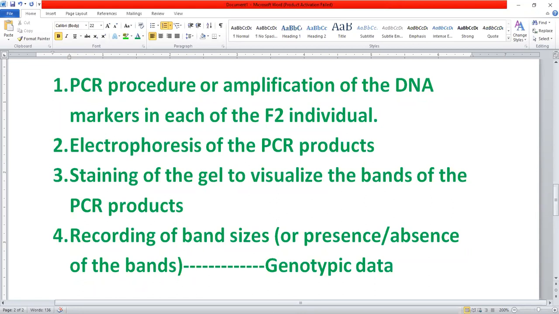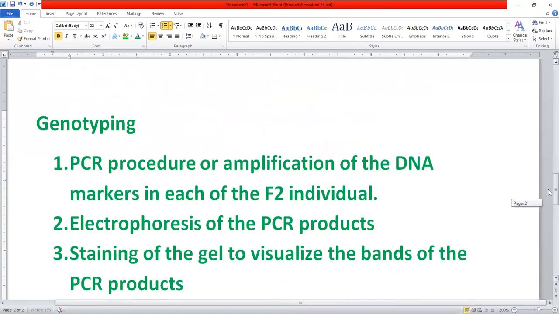So by the application of these procedures, we can record the genotype data for the 250 F2 individuals and for a total of 250 polymorphic SSR markers. This will be the genotype data.